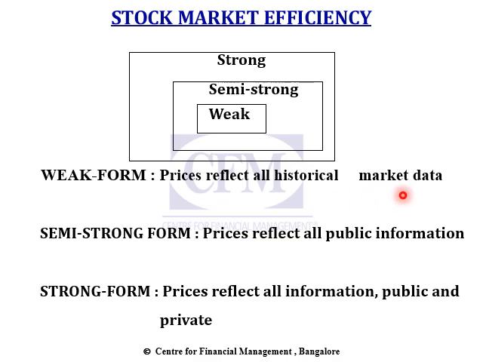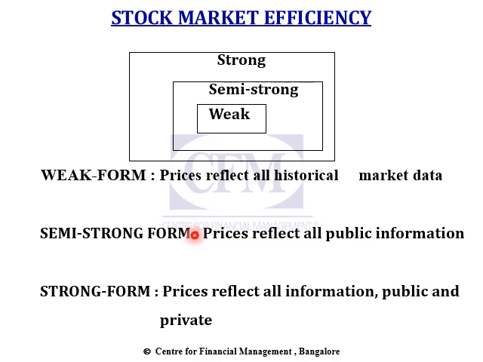Historical market data includes price data, volume data, and data relating to options and futures. If current prices reflect all historical market data, technical analysis is a futile exercise. Technical analysis assumes that analysis of historical market data enables one to project prices, but if the market is efficient in this sense, then technical analysis is a worthless exercise.